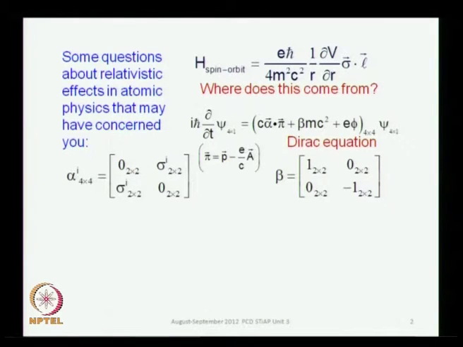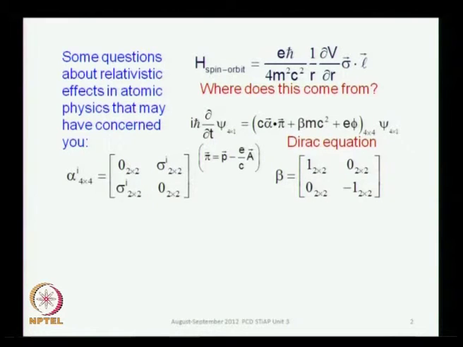You also may have seen the Dirac equation, which we shall introduce and discuss in some detail from first principles, and you will notice that this equation has a matrix structure. Alpha and beta are 4 by 4 matrices.